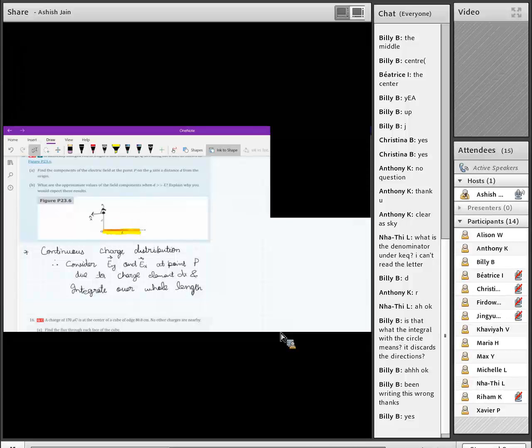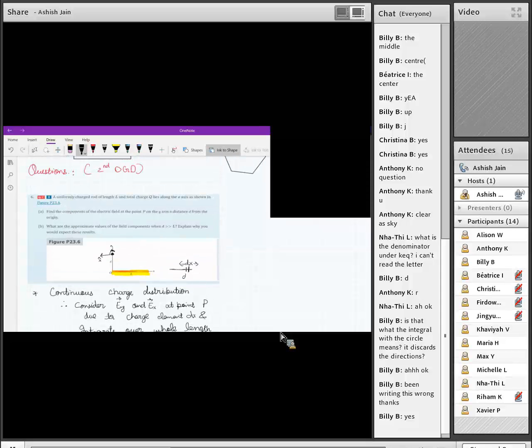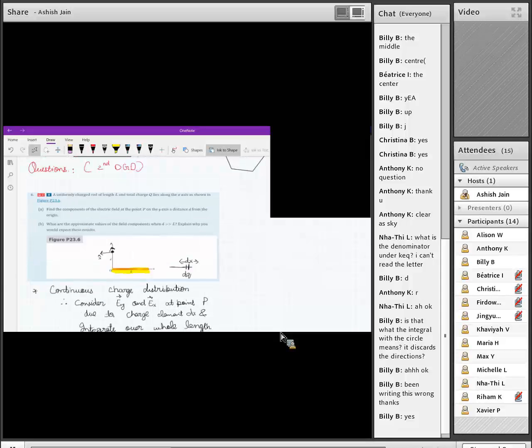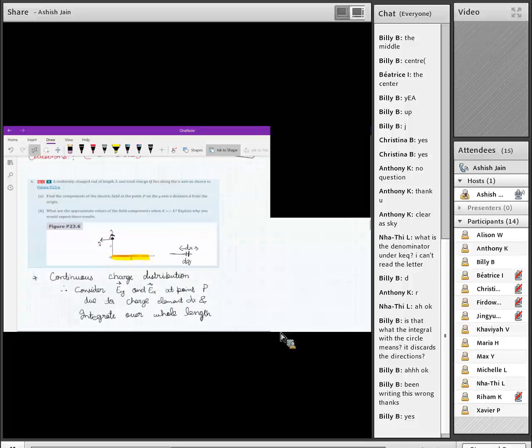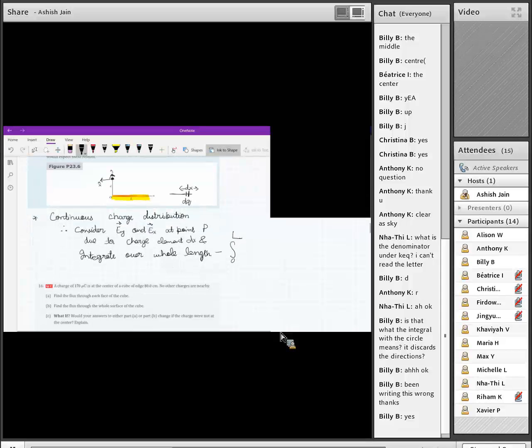You integrate over the whole length. I hope you all remember, you take the infinitesimally charged element dx containing the charge dq, then you integrate over the whole length, which goes from 0 to L. That makes sense, right?